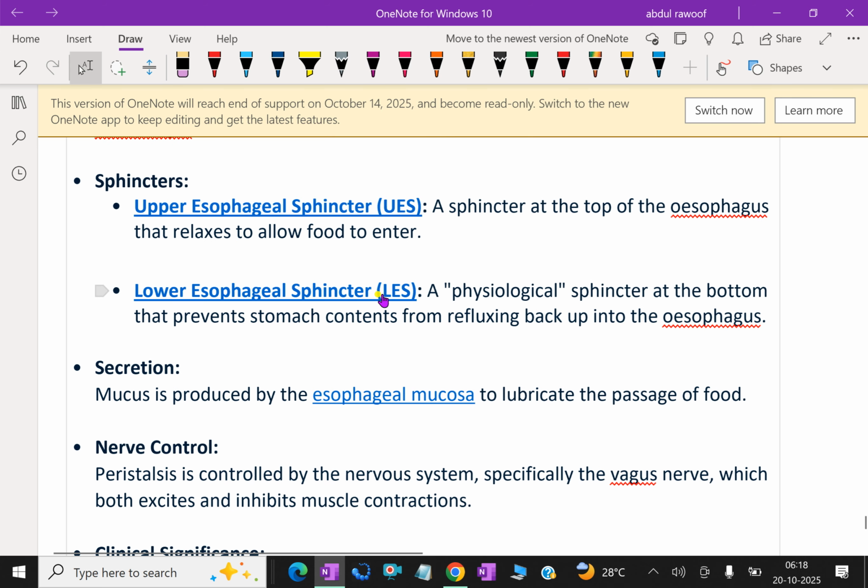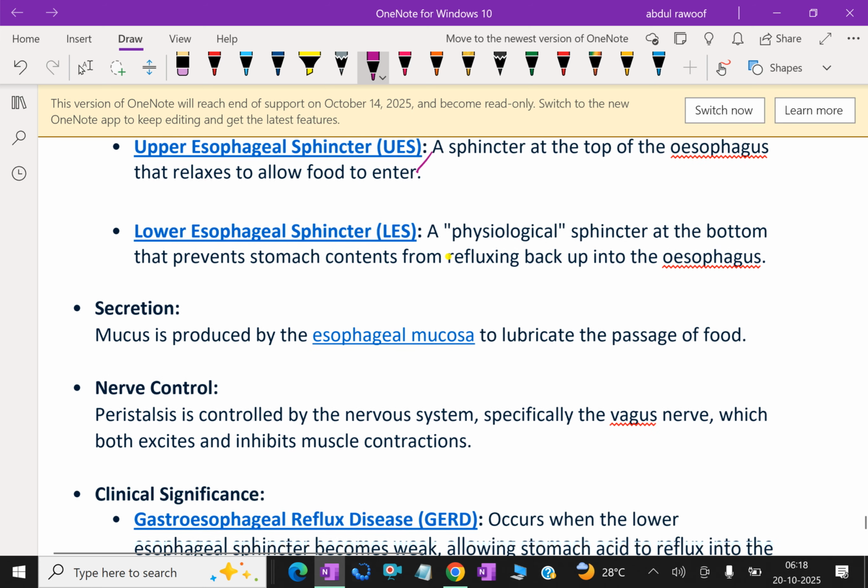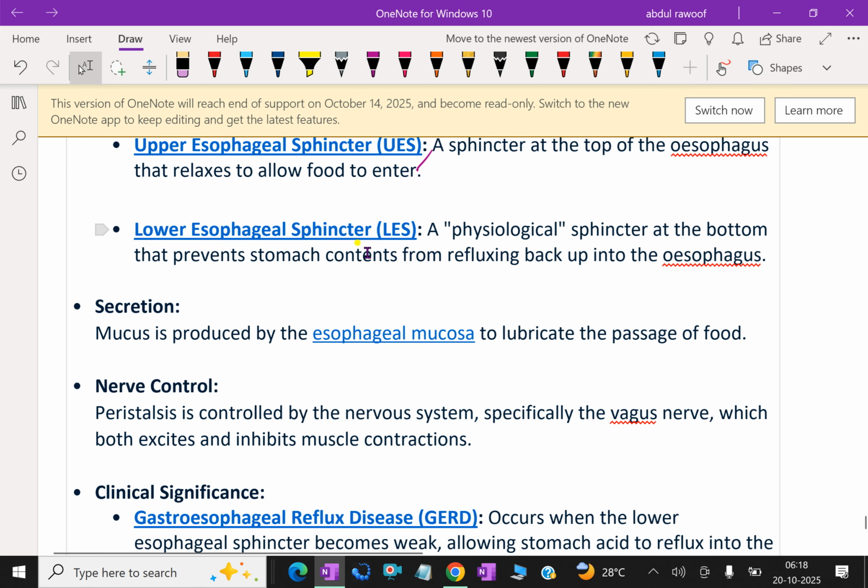Sphincters. Upper esophageal sphincter, UES, a sphincter at the top of the esophagus that relaxes to allow food to enter. Lower esophageal sphincter, that is LES, a physiological sphincter at the bottom that prevents stomach contents from refluxing back up into the esophagus.